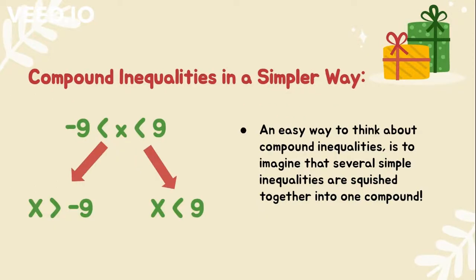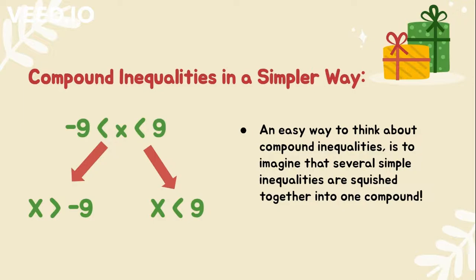Now let me teach you how to understand compound inequalities in a simpler way. Here is the example I provided for you. -9 < x < 9. Compound means and, so you can split this into 2 parts. I split it into x > -9 and x < 9. Let me show you how I got these numbers.